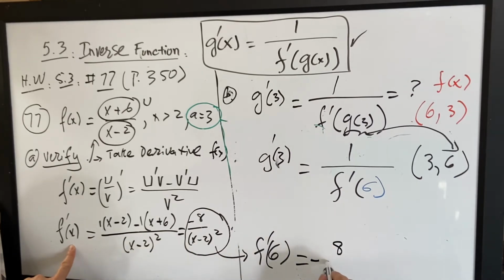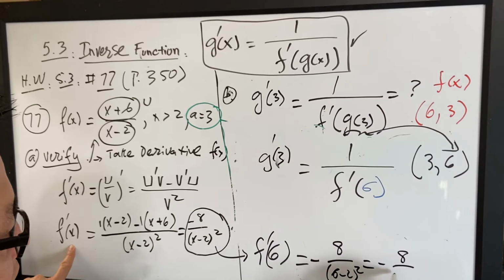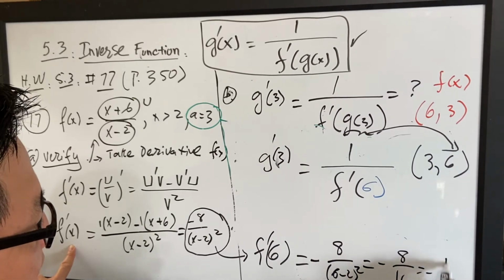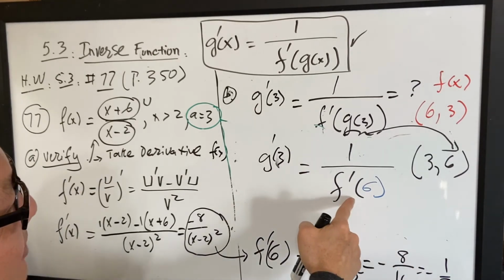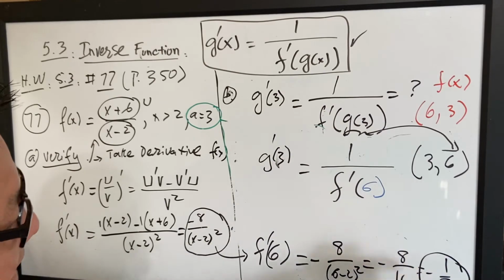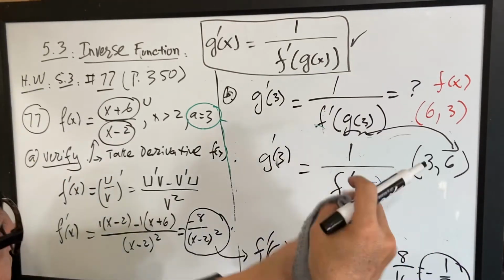Negative 8 over (6 minus 2) squared. So you got negative 8 over the bottom one, which will be 4 squared, which is 16, and that gives you negative 1/8 right there. Okay, you have down here negative 1 over 8. Can I plug it in for you?